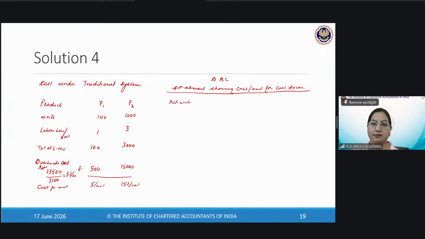Activity, cost driver, frequency of cost driver, and cost per unit.